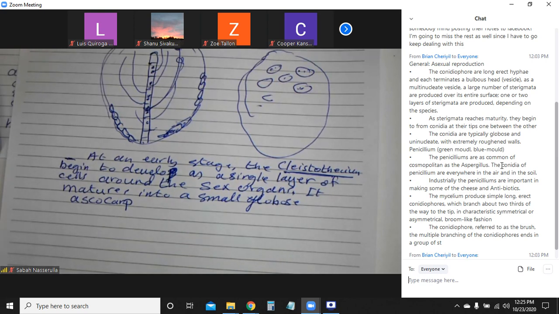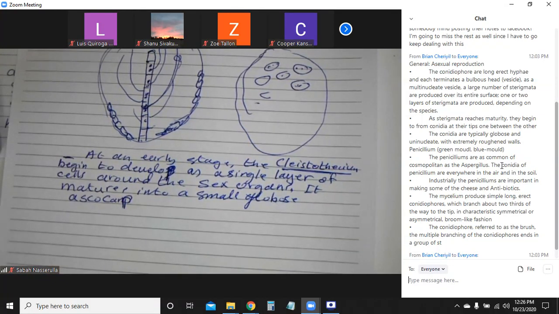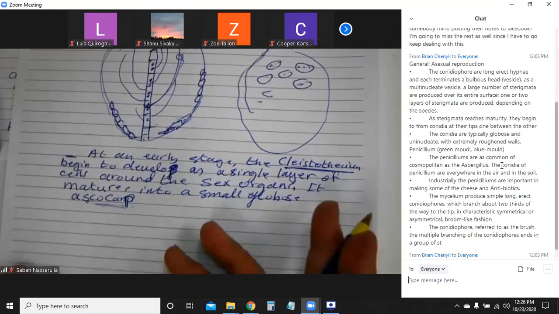The reason we use the name carp is that in the early days of classification, they used to group the fungi as plants, but non-photosynthetic plants. In a plant, when you have the flower with the female ovules in the ovary, the ovary itself is called the carpel, and that's basically where ascocarp, all that terminology, comes from. The ascocarp, the fruiting body, or the ascoma are the same thing here.